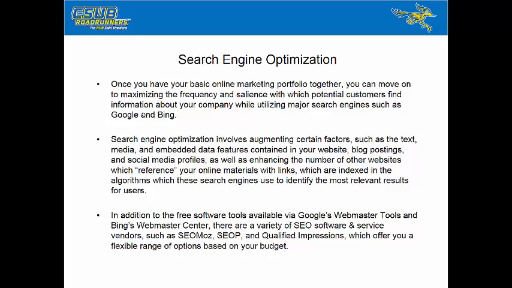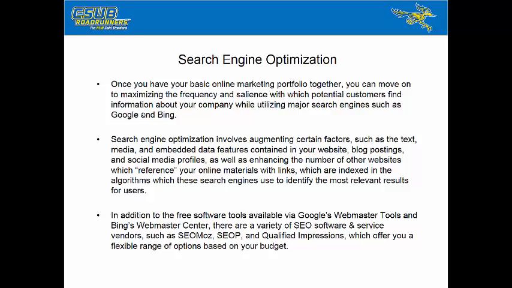Search engine optimization. I wanted to say a few words about search engine optimization. Once you've got the basic online marketing portfolio together, so you've got your website, you've got your social media pages, you can do some things to maximize the frequency and the salience with which customers find you on search engines like Google and Bing.